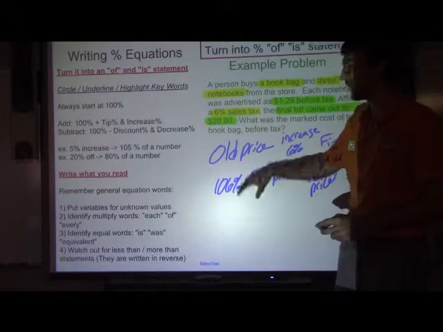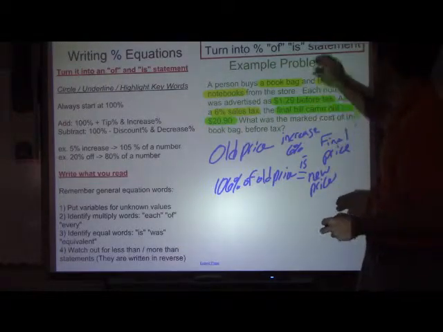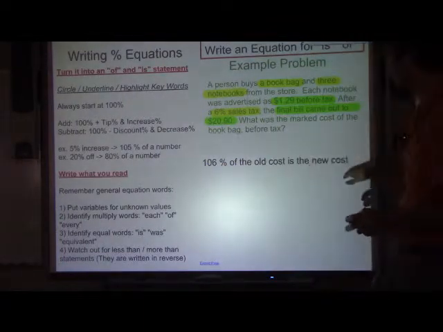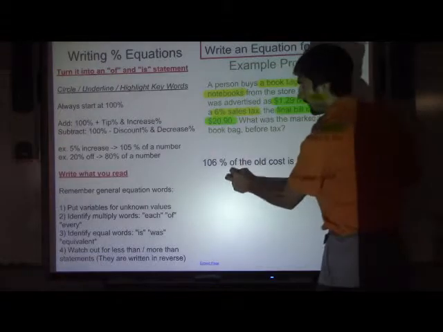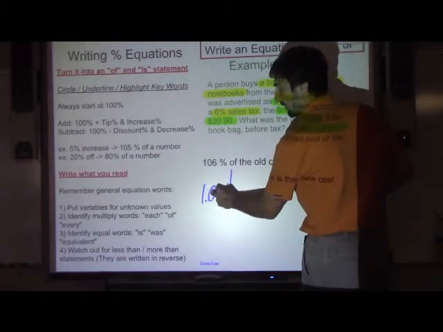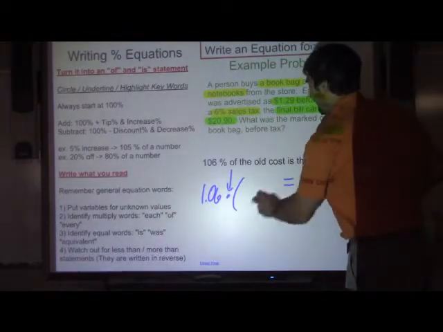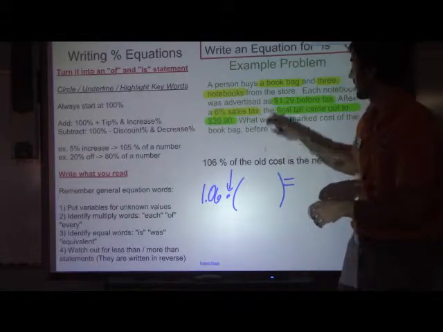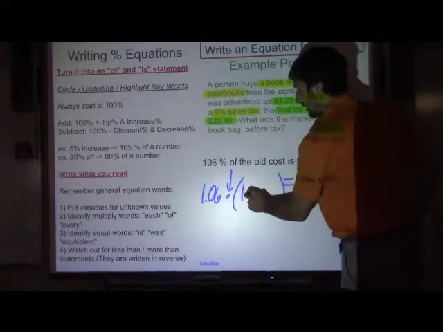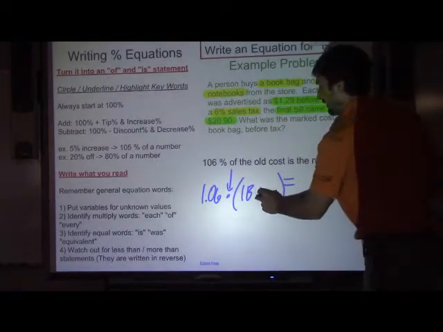Now all we do is start replacing the pieces of this with the information from the problem. So it's 106% of the old cost is the new cost, so is means equals, of means multiply. 106% you always write as a decimal, 1.06. We have to figure out what our old cost was. We bought one book bag, so 1B for book bag, plus 3 notebooks, so plus 3N.